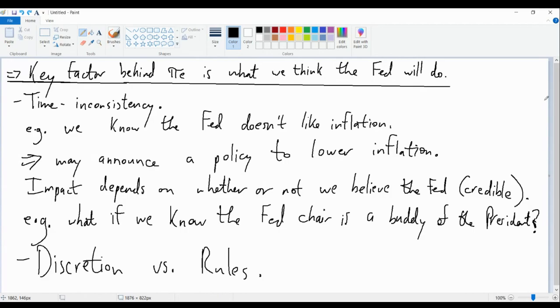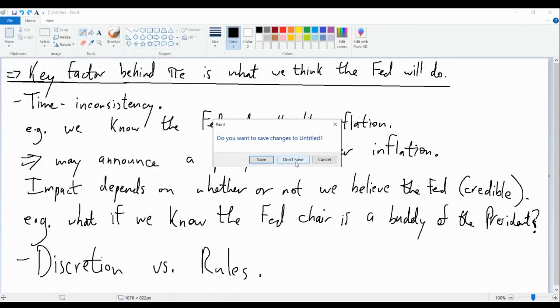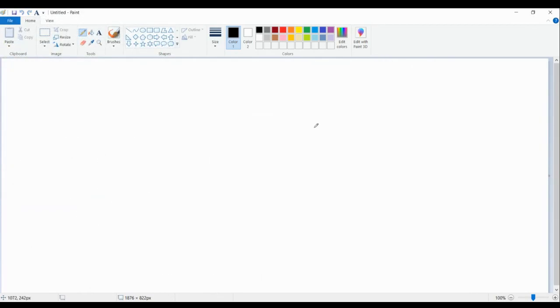And since there may be political constraints on what the Fed does, that means that it cannot credibly commit to certain things that we might like, such as having reasonably low inflation. And as a result, some economists think that instead of having discretion in monetary policy, the Fed should instead adopt some kind of explicit rule to try and maybe get better results.